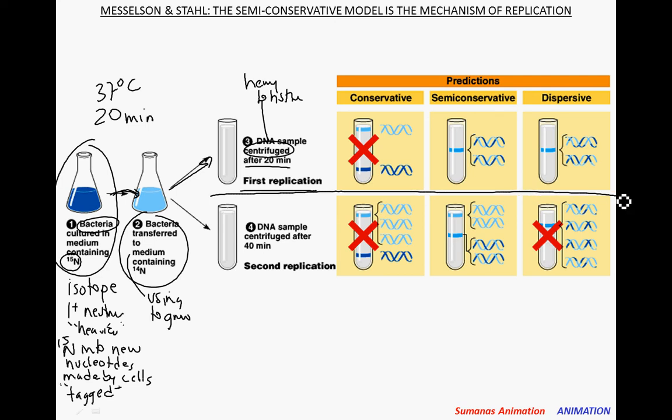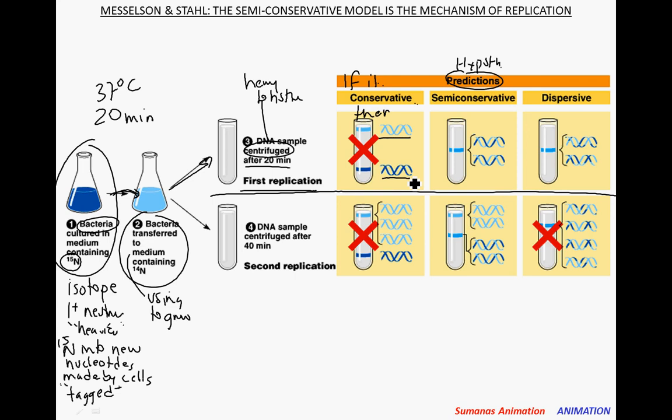These are all predictions, hypotheses. If the model is conservative, then they should see a light band and a heavy band. But it turns out they do not see this.